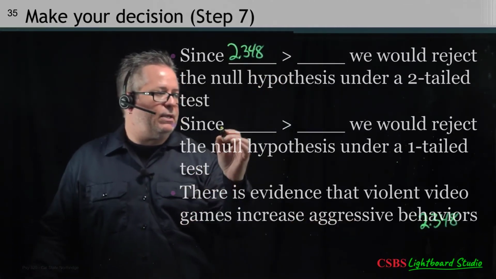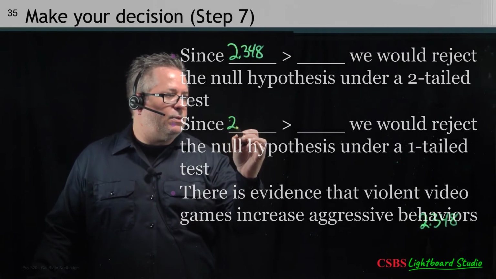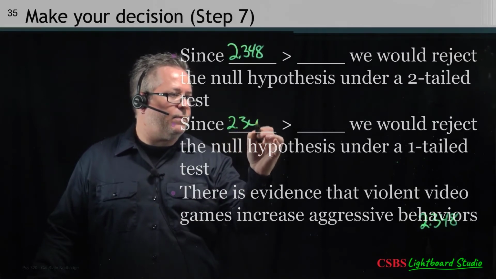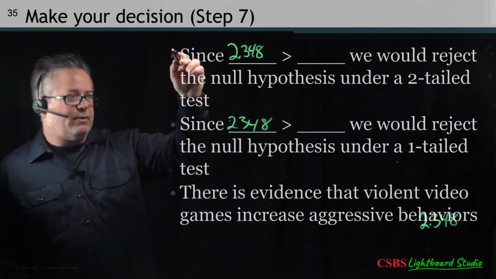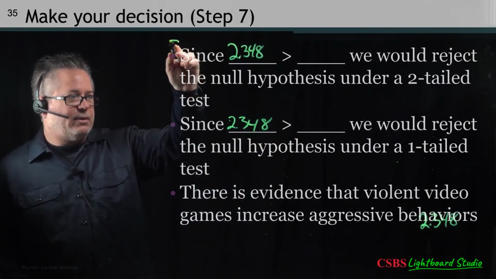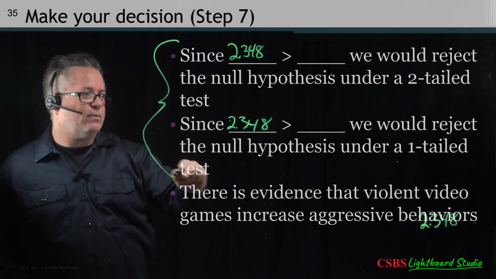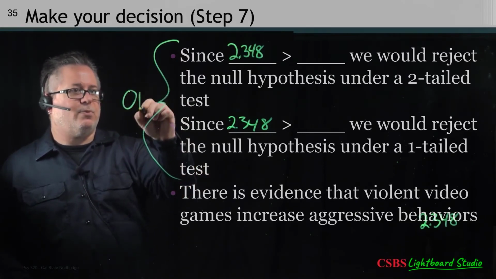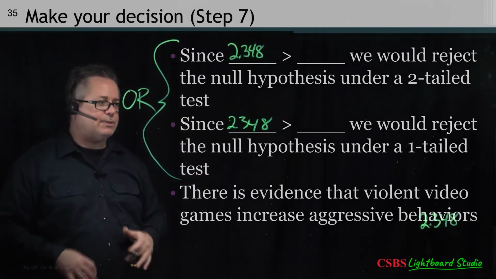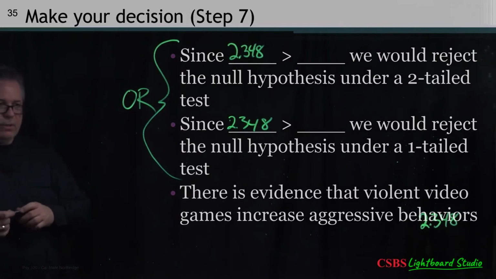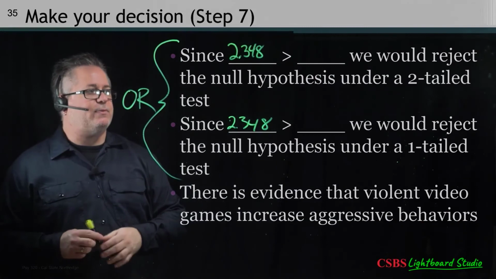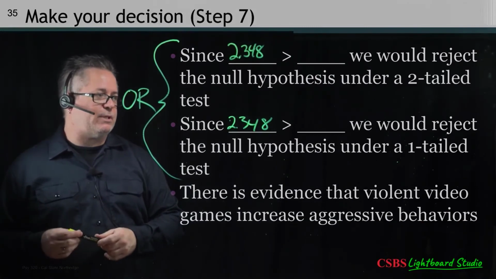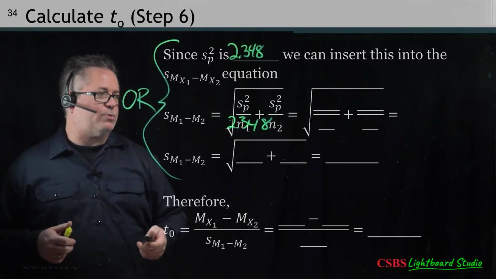We also need that here, 2.348. Okay. So again, just to reiterate, you can do one or the other, but just again to be complete, we need to go through the whole thing. So we found our T observed, and we previously found our T criticals. So let's go look at those real quick.